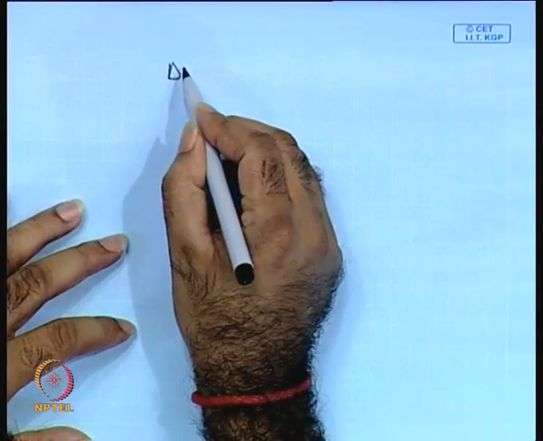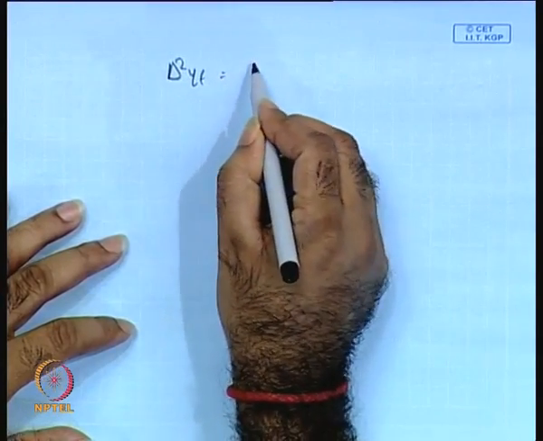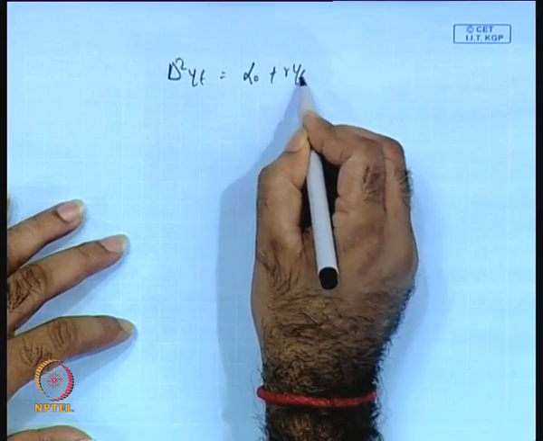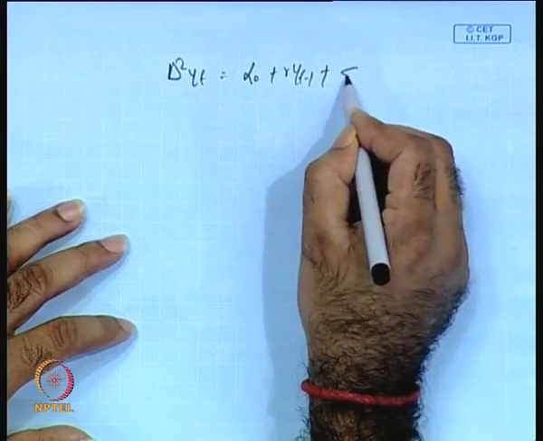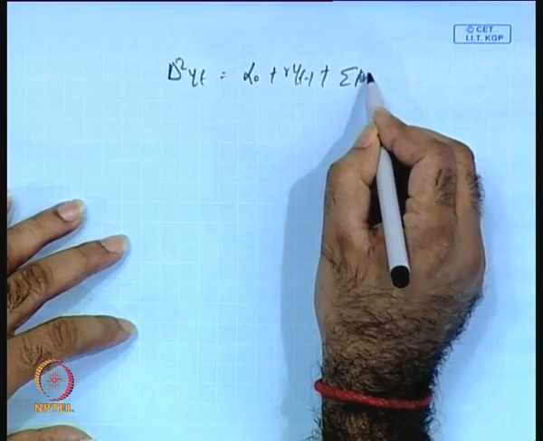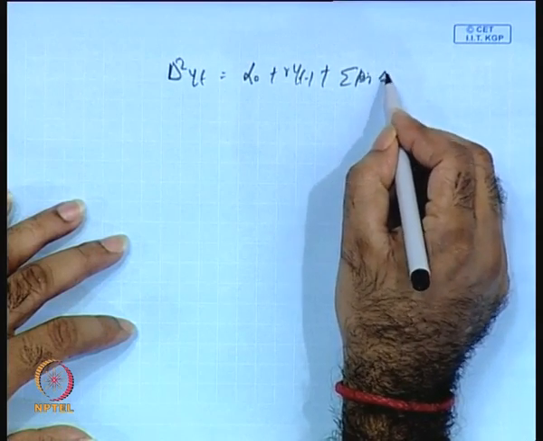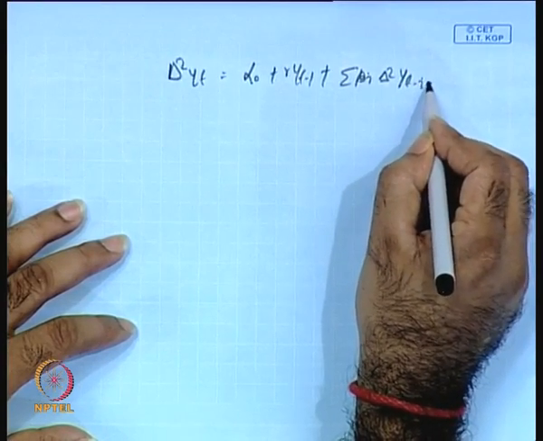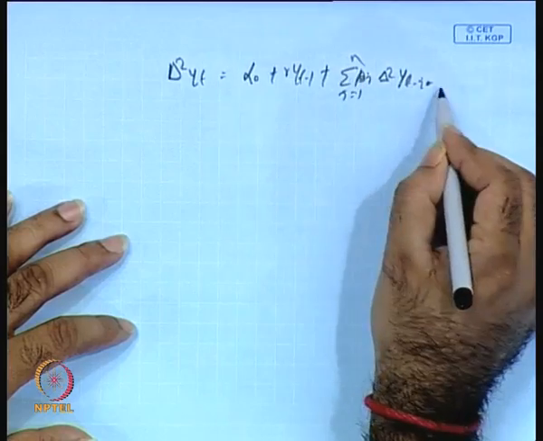It will come like this: delta squared y t is equal to alpha 0 plus gamma y t minus 1 plus summation beta i delta squared y t minus i, i equal to 1 to n, plus u t.